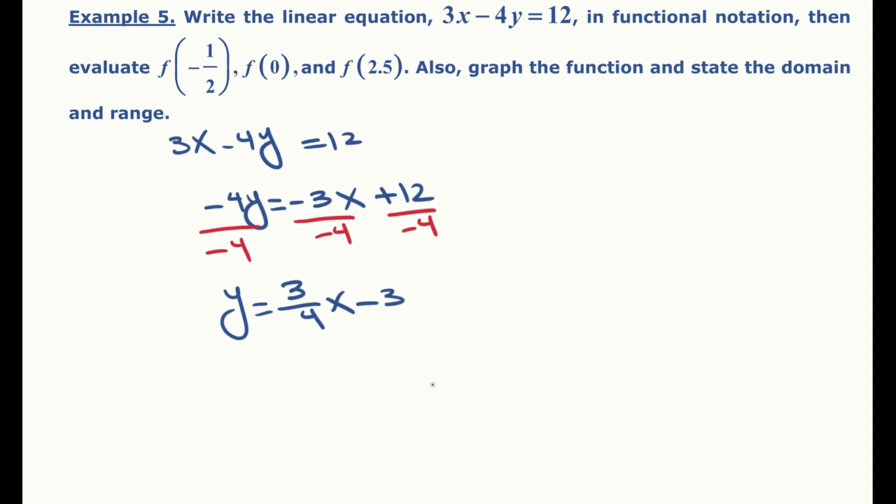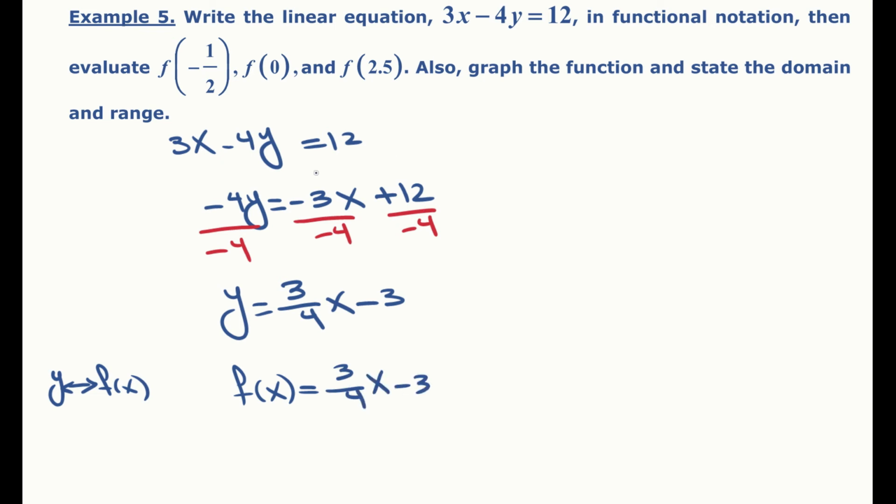Now, once we've solved it for y, in order to get this into functional notation, all we have to do is interchange y with f of x. So instead of y, we're just going to write f of x equals 3/4 x minus 3.